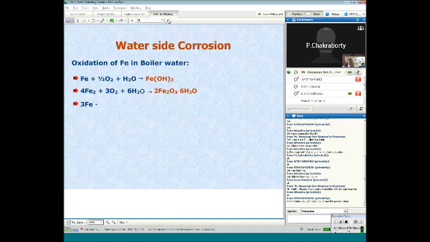Now, in the oxidation of iron, basically three processes are there. One is the formation of Fe(OH)2, which is also commonly called rust. Then Fe2O3, which is hematite, and Fe3O4, which is magnetite.